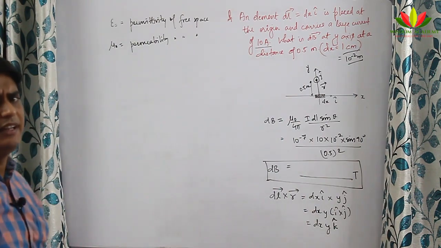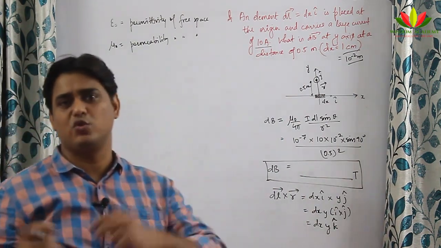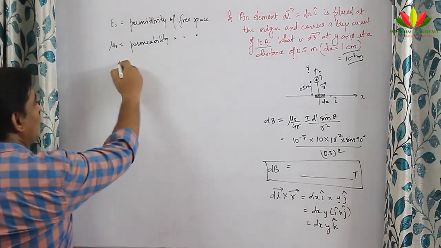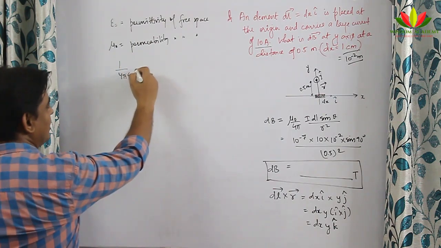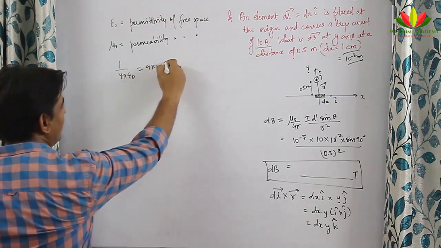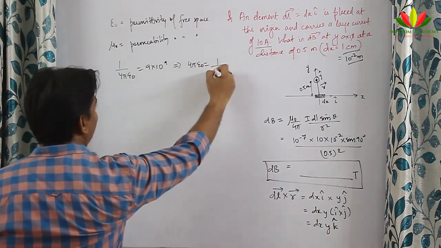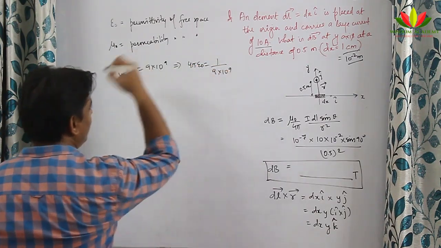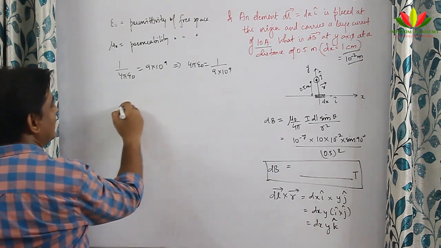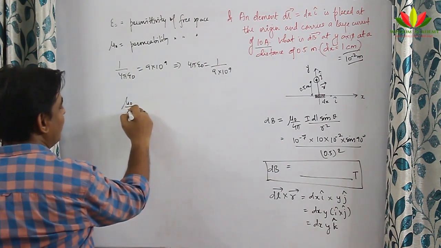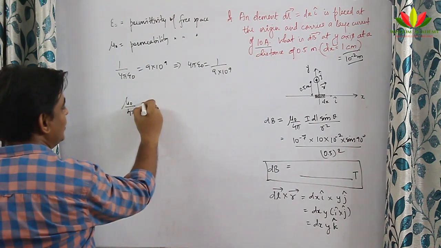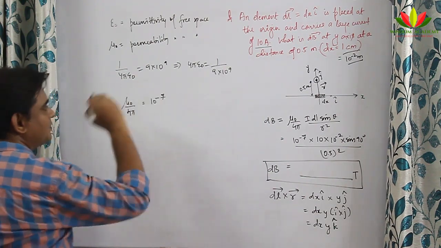I am interested in finding the relationship between these two quantities. For that, I know 1 by 4 pi epsilon naught is equal to 9 into 10 to the power 9. From here I can write that 4 pi epsilon naught is equal to 1 by 9 into 10 to the power 9. Also, we know that mu naught by 4 pi is equal to 10 to the power minus 7.